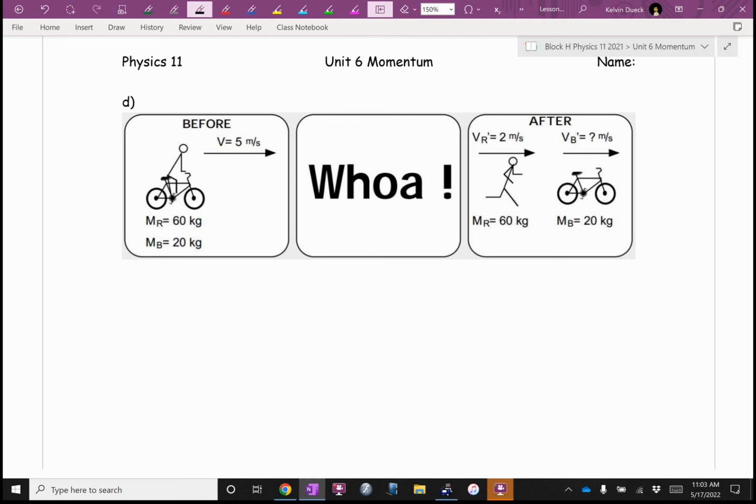Okay. So, is this a collision? Technically not. Is this an explosion? A slow one. But yes, an explosion is just stuff flying apart. The bike and rider flew apart. So this is a job for conservation of momentum.